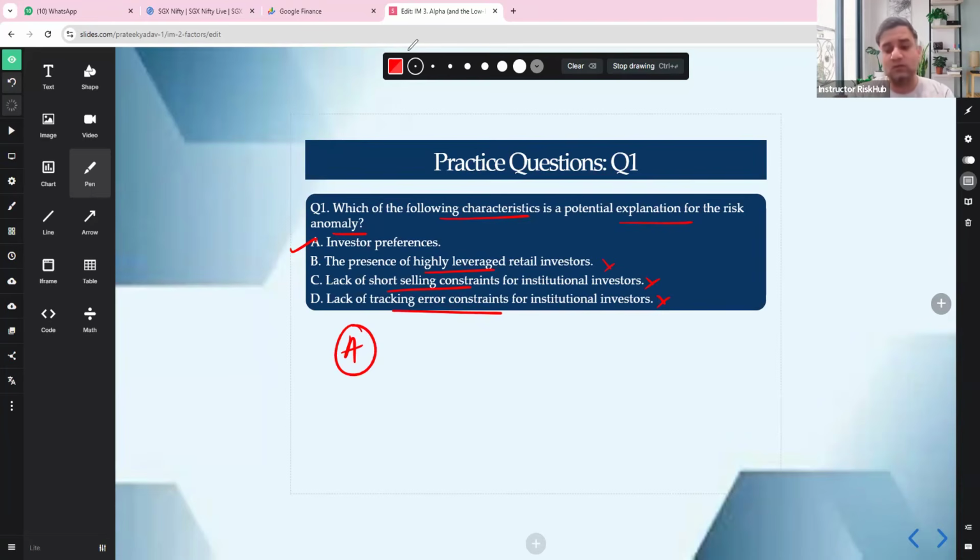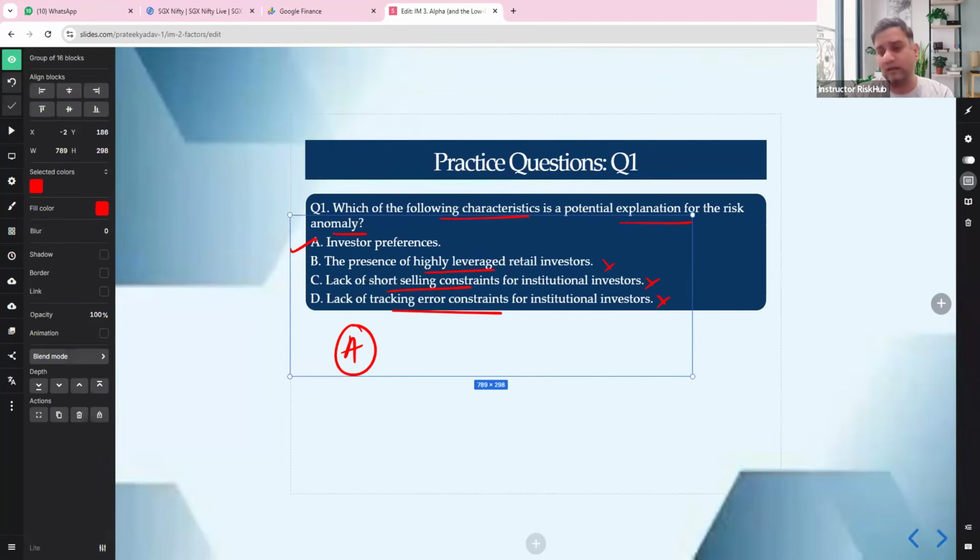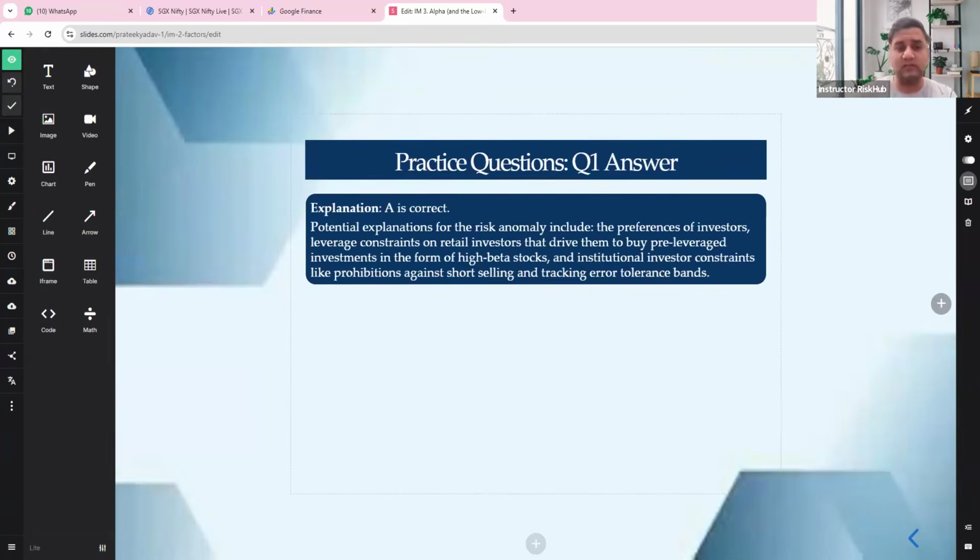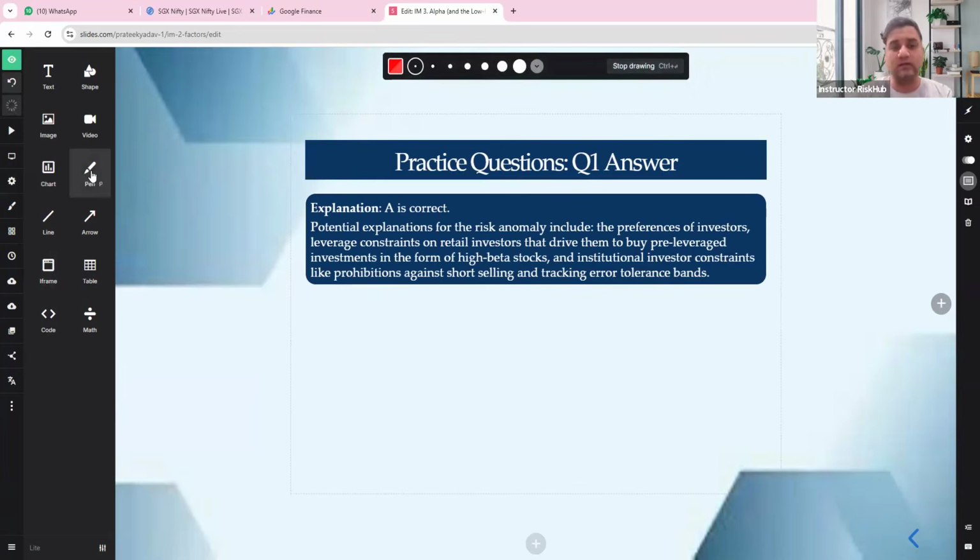So if you go to the answer now, potential explanations for the risk anomaly include the preference of investors, leverage constrained investors that drive them to buy pre-leveraged investment in the form of high beta stock, and institutional investor constraints like prohibition against short selling and tracking error tolerance bands. Remember that even though it's an institution, there are prohibitions against short selling and tracking error tolerance bands. Remember that point.